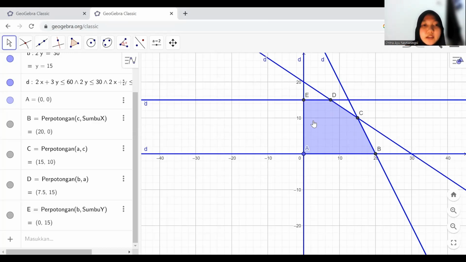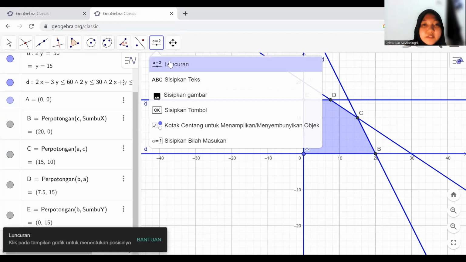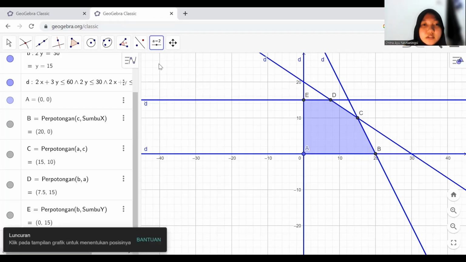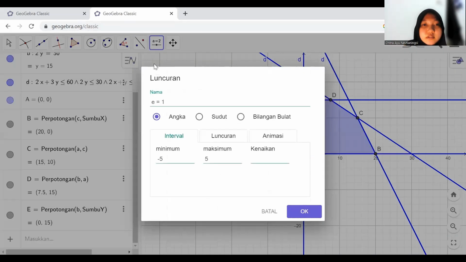So to make it quicker, we can use the slider. We can use this letter and name. We can change it to a random letter, and the minimum we decide is 0, the maximum 1000.